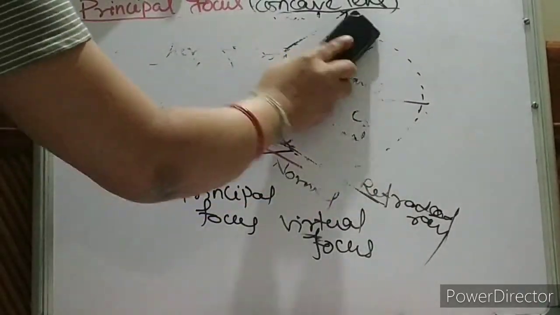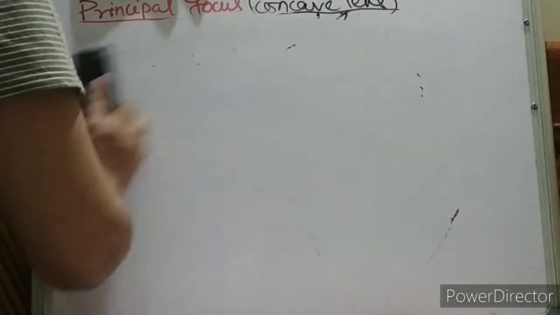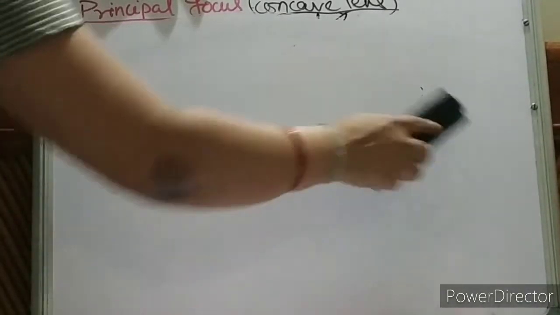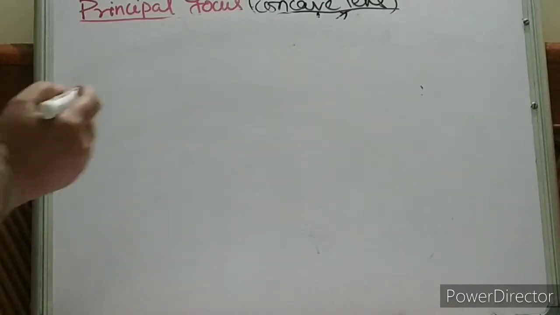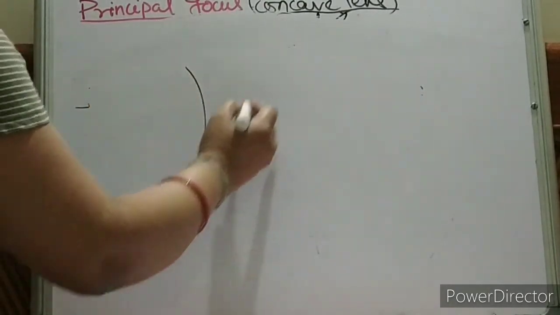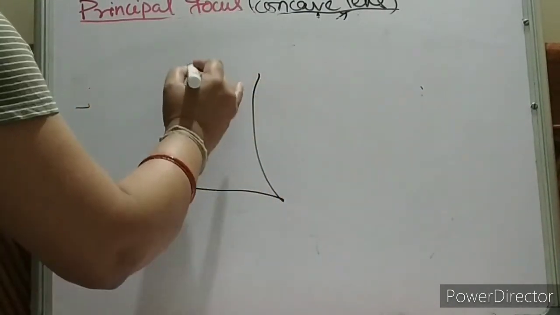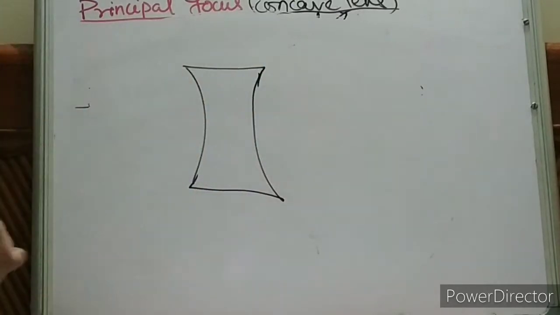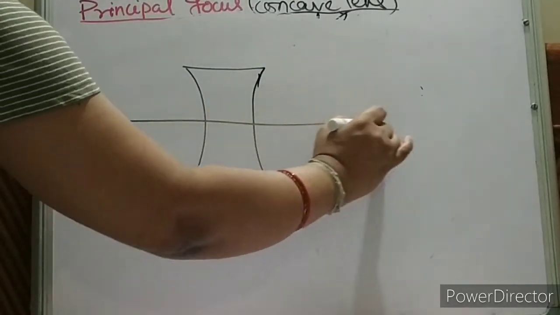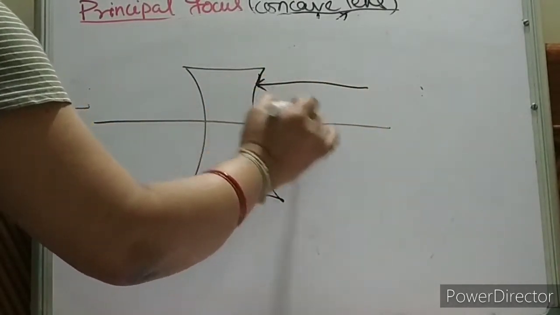Now let us see how the rays of light incident on the concave lens from the right hand side will behave. See, this is your concave lens. This is your principal axis. Now a ray of light is coming like this.